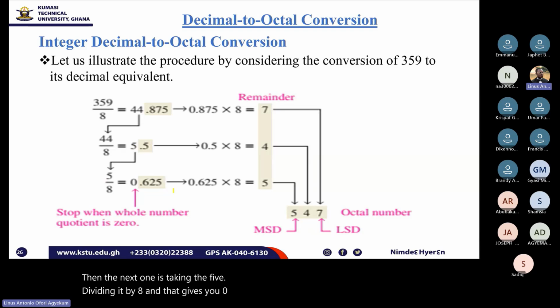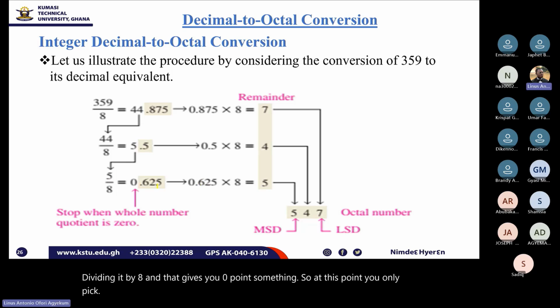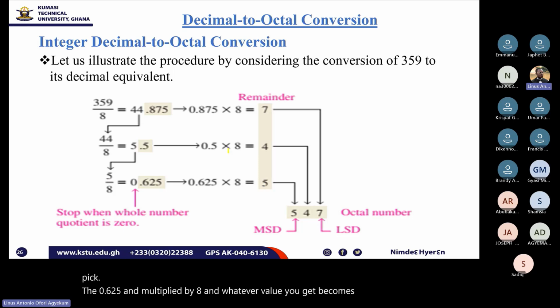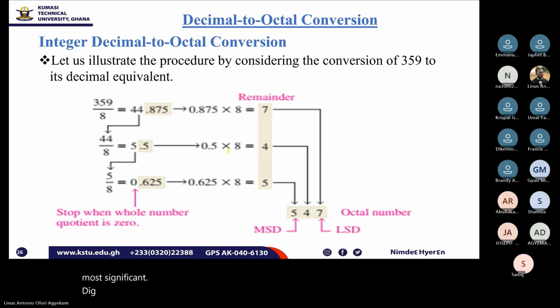So at this point, you only pick the 0.625 and multiply it by 8. And whatever value you get becomes what? Your most significant digit. So you stop when the whole number quotient is what? 0. Please, is this clear? Yes, sir. All right.